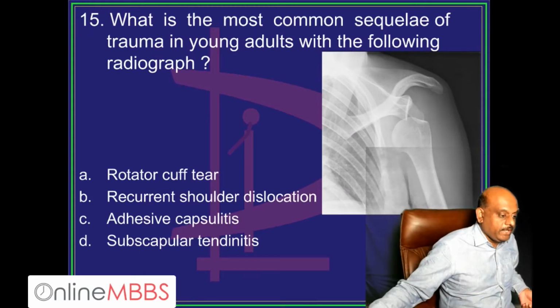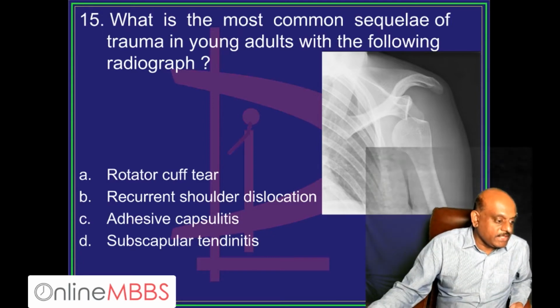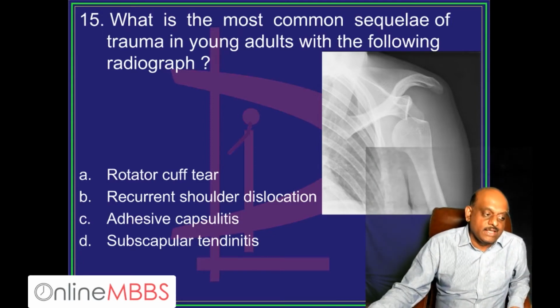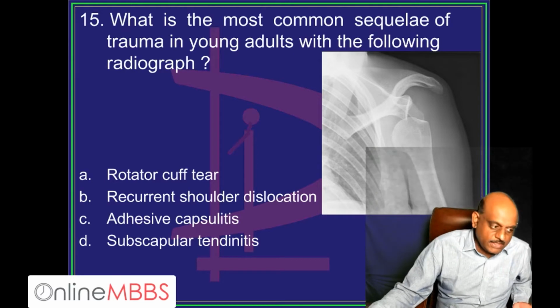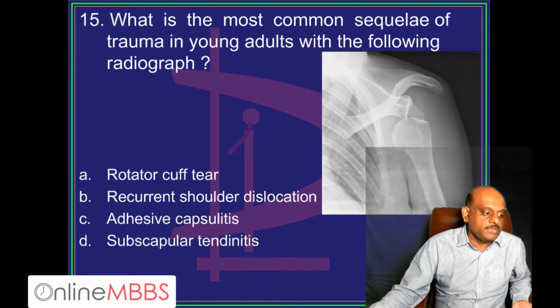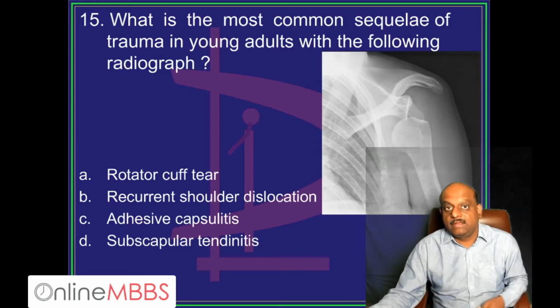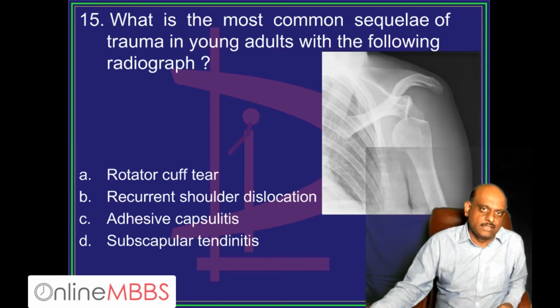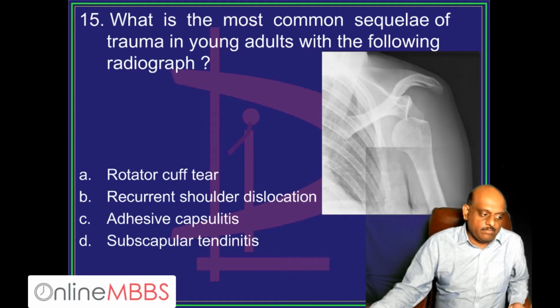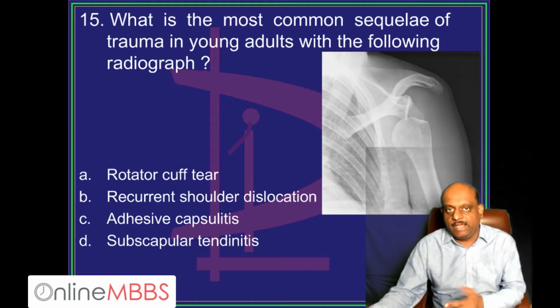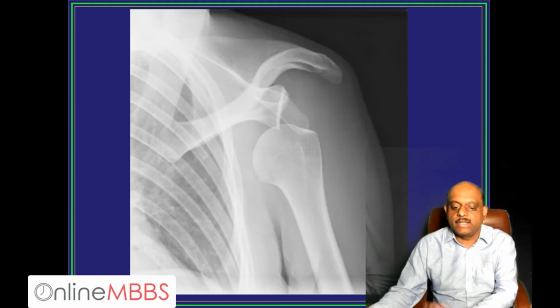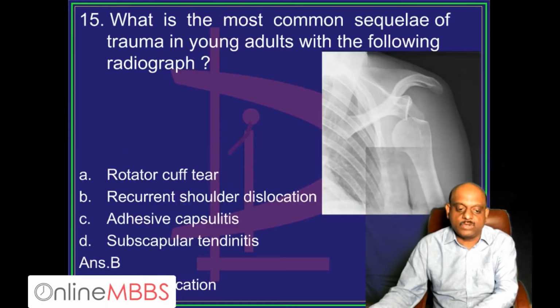Question number 15. Yes. That's right. Radhika Pillai rightly says flexion, adduction, internal rotation in posterior dislocation. Ranjit Shaw, well done, recurrent shoulder dislocation is going to be the most common sequelae, if there is shoulder dislocation in young adults, is what you should remember.